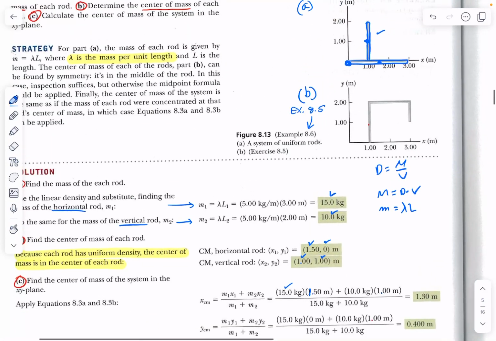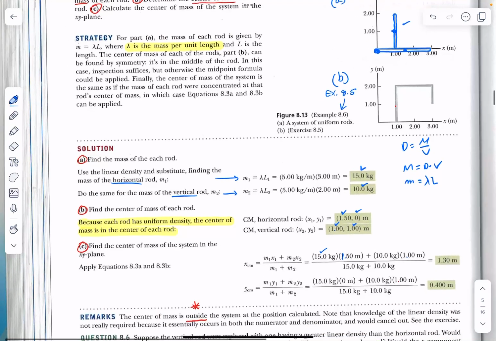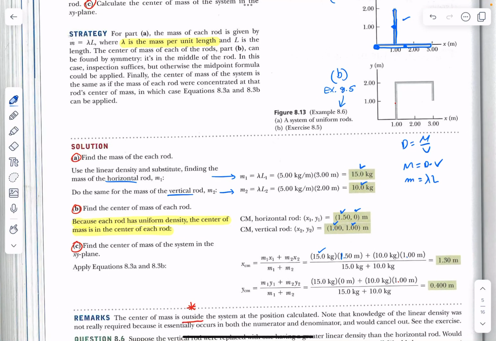Did I do that right? So when we go to plug in our numbers here, these coordinates come down and do these positions right here. And it looks like we have 15 and 10 kilogram masses.